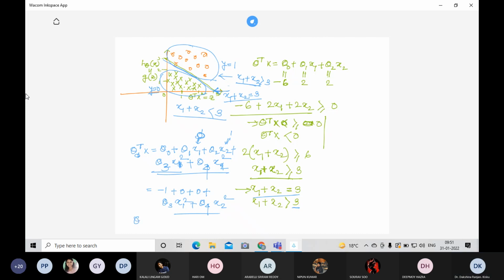So theta transpose x now becomes -1 plus theta 3 x1 square plus theta 4 x2 square. Initially we can assume that this theta transpose x is greater than or equal to 0.